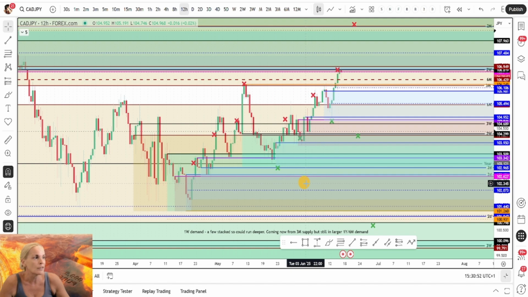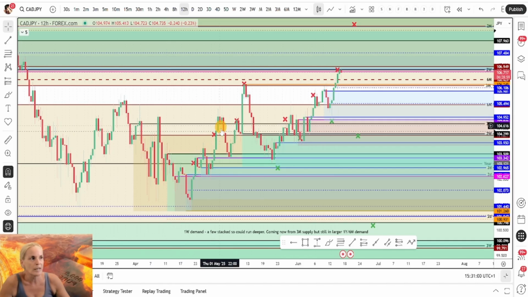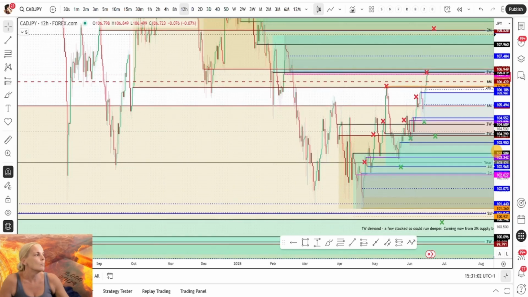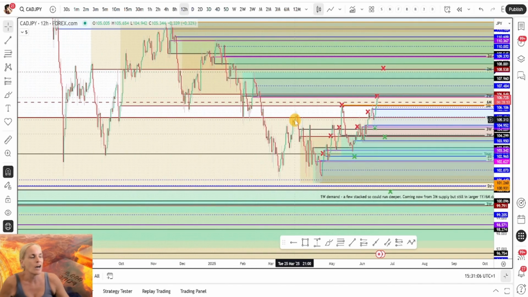So they had a wick down in here into this daily zone. So I've basically been trading both directions. A couple of shorts here were probably too aggressive. And again, this is one of my flaws, that I can get hung up on: this didn't test the level that I wanted, it tested down here, therefore I want to short this.